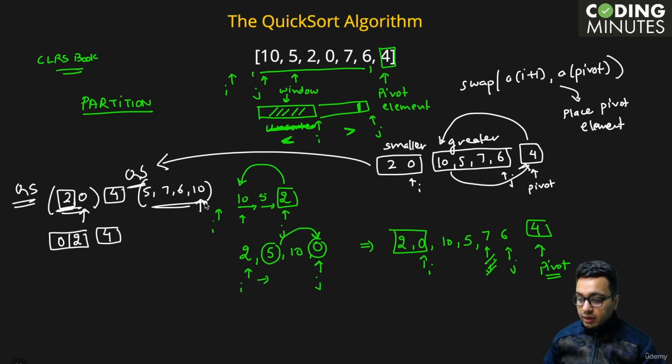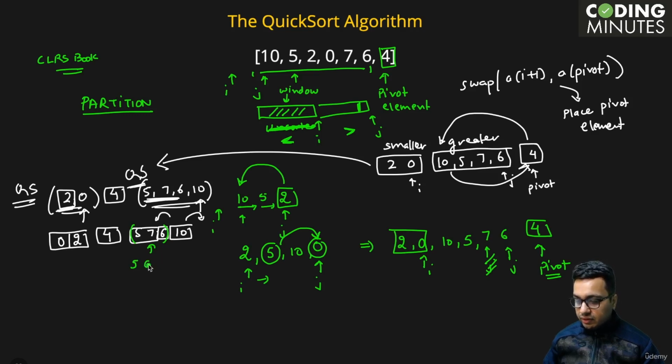You will say 10 is a pivot, and this will become the smaller part of the array. And how it will work, all the elements are smaller, so you will have 10 in its correct place, and you will make a quicksort on the left part of the array. Okay, so the left part is 5 7 6. You will say, okay, let me take 6 as a pivot and do the work again. So it will take 6 as the pivot, and then you will try to partition.